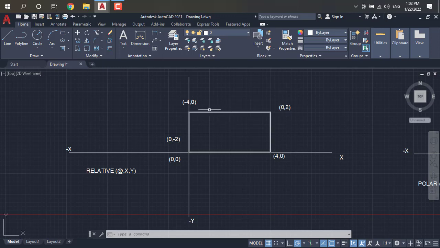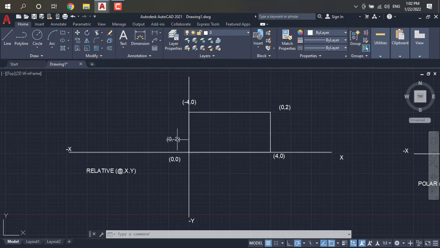After that, y is not changed, only x is changed, in the opposite direction, that means the negative direction. Here x is 4, here also x is 4, but we can't mention it. Why? Because it is based upon our previous point. Here y is 2, here also y is 2, but we can't mention it. Here we mention only the x value, that means x is in the negative direction. From here to here it goes in the opposite direction, that's why it is minus.